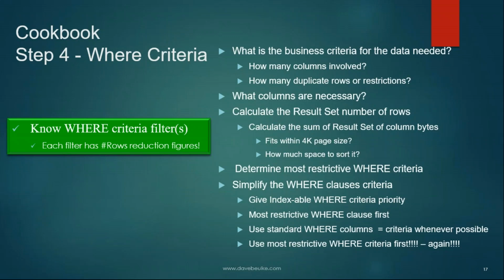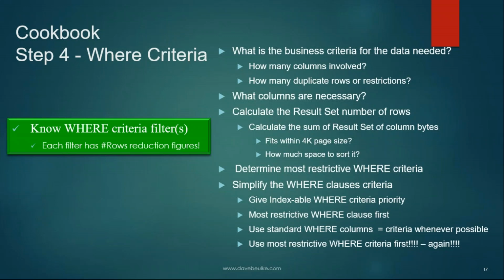But you want to determine what is the most restrictive business criteria or where clause that you can have. And you want to start with that where clause that's most restrictive in your SQL, because that will knock down the number of rows for all the subsequent query blocks that you have.